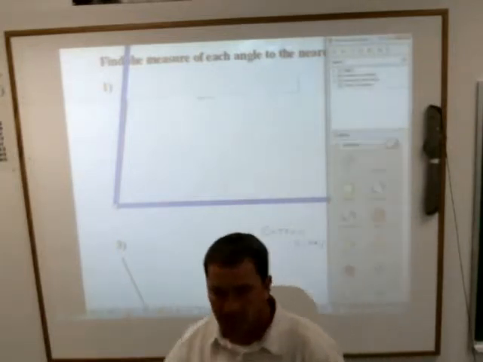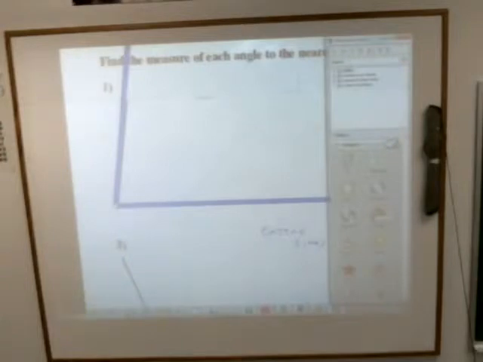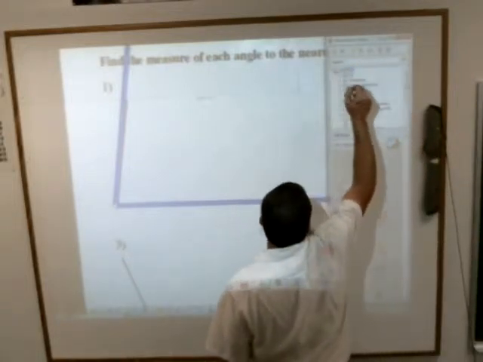I'll give you a second to do that. Please extend all those lines there. We'll get to the measuring part in just a second. Extend all of the lines. Actually, use your protractor and your straight edge to make them longer.